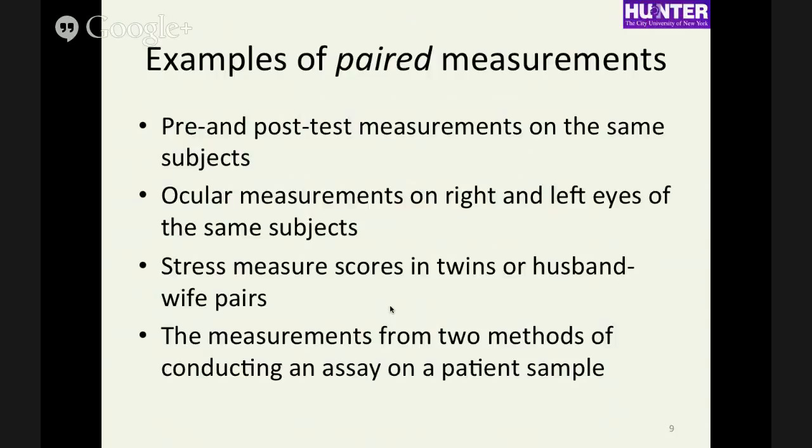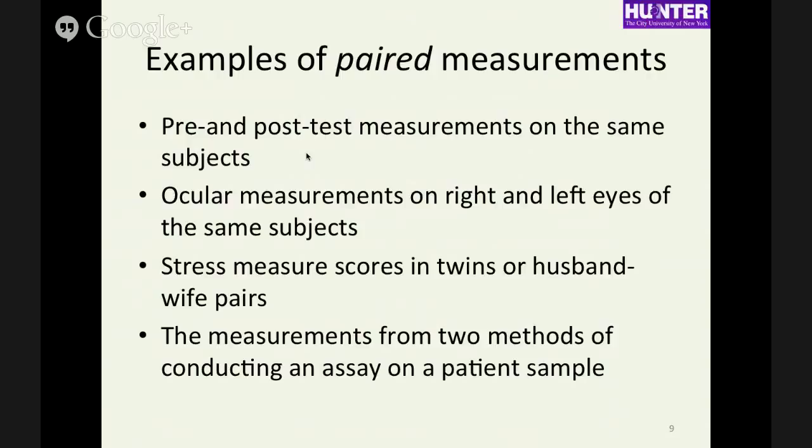Another key way of asking yourself, is this a paired test, is can I subtract? So can I subtract these measurements? In the pre and post test on the same subjects, you could take your post-test result minus the pre-test result. Or if it's a proportion and you called the yes 1 and the no 0, you could still subtract the 1s and the 0s.